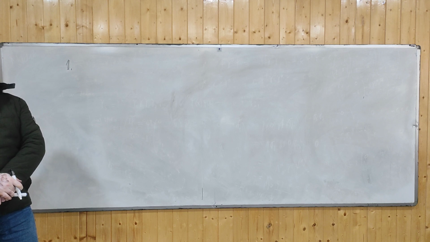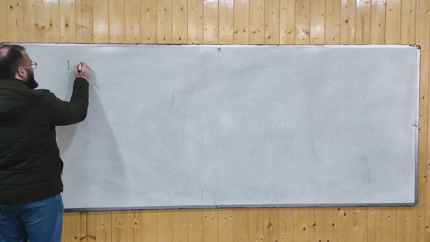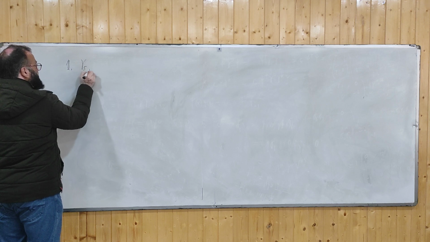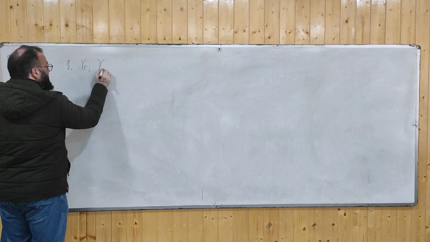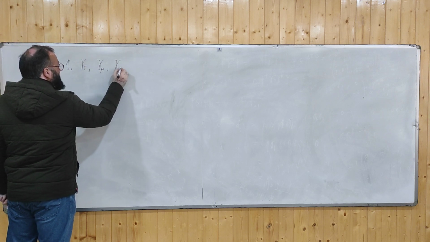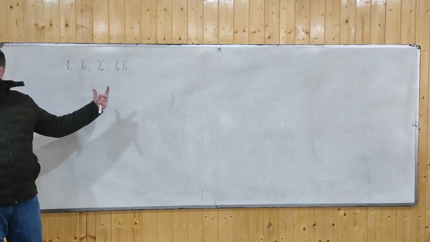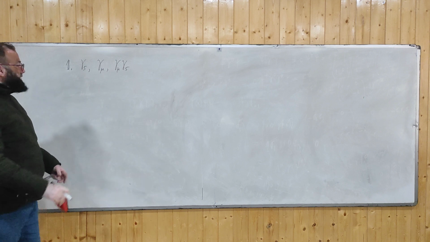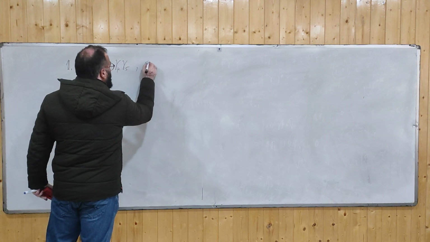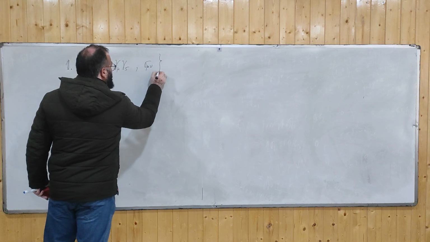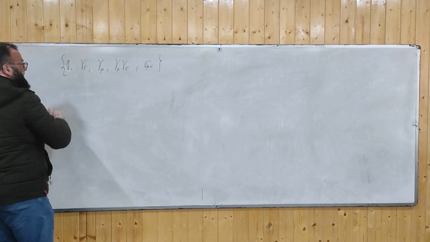We can have gamma mu, and we can have gamma mu gamma 5. So we have constructed these from gamma matrices. And we can have another matrix like sigma mu. So how many are they now?